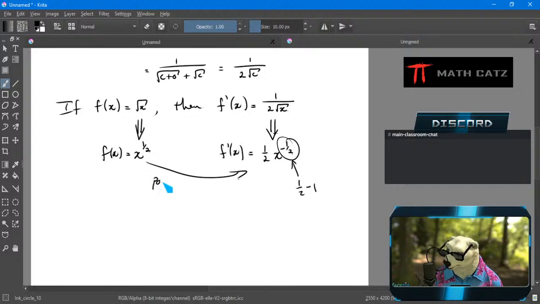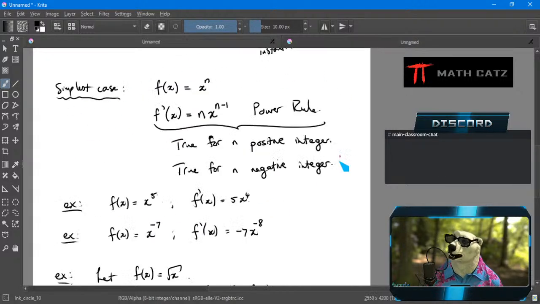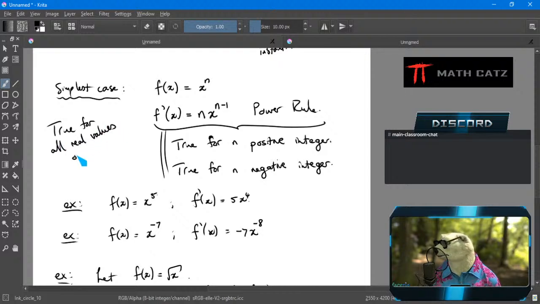So the power rule works in the sense that following the power rule gets me to the derivative function as well. And in fact, that's true for all the fractions. In fact, I'm just going to put it over here. The power rule is true for all real values of n.